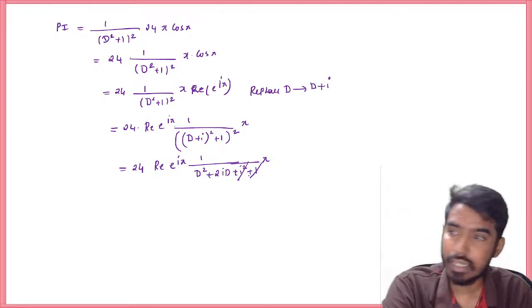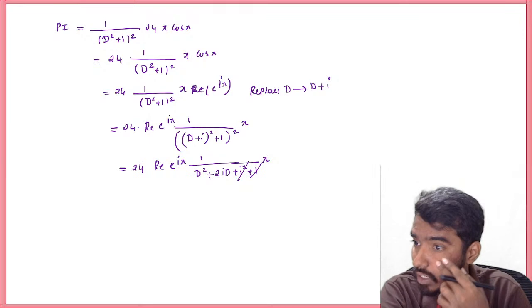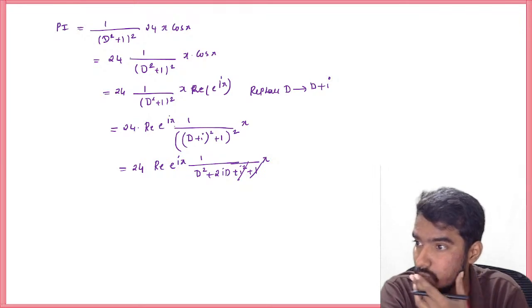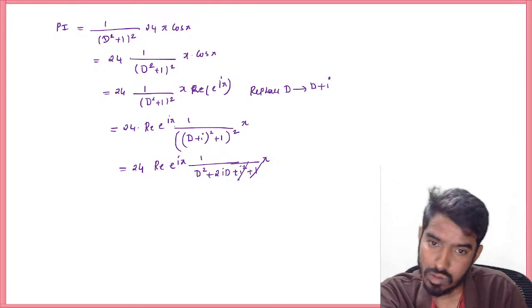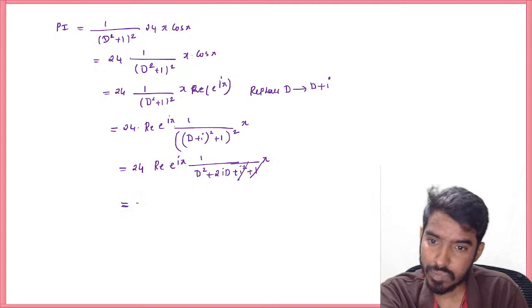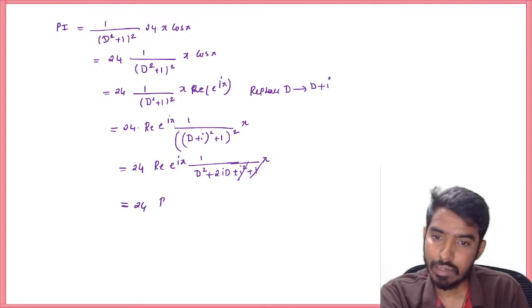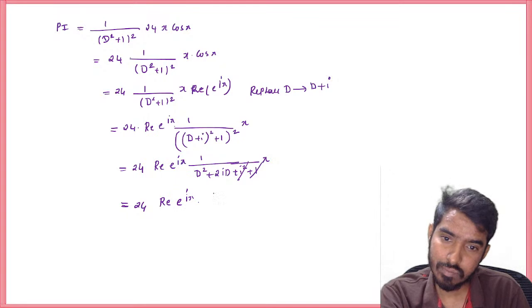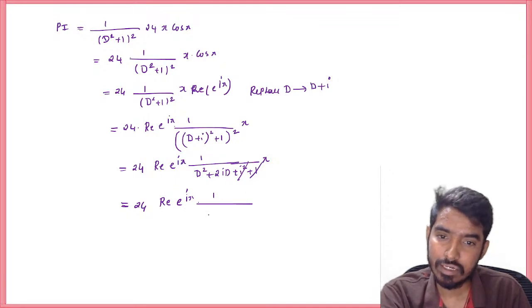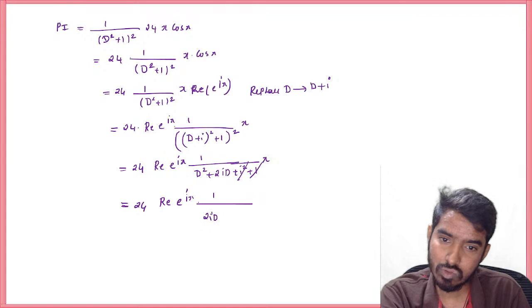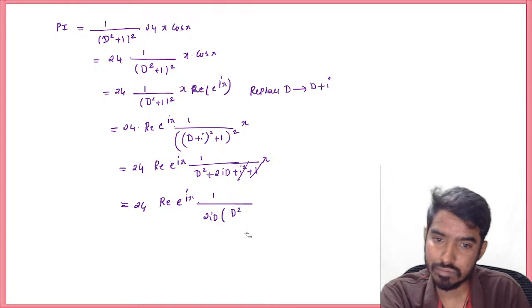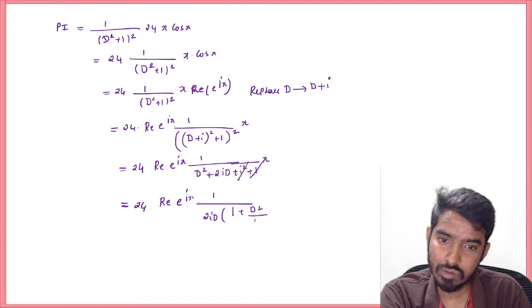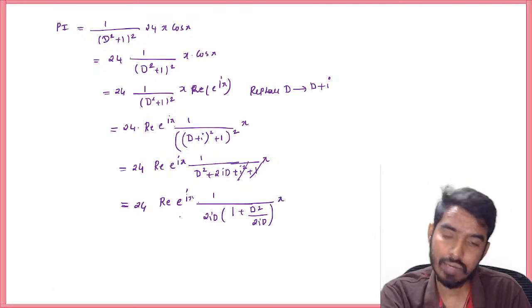Yes. So it is 24 times the real part of e power ix. Let's take this 2iD outside. So it will be 1 plus D square by 2iD, and here we have x.